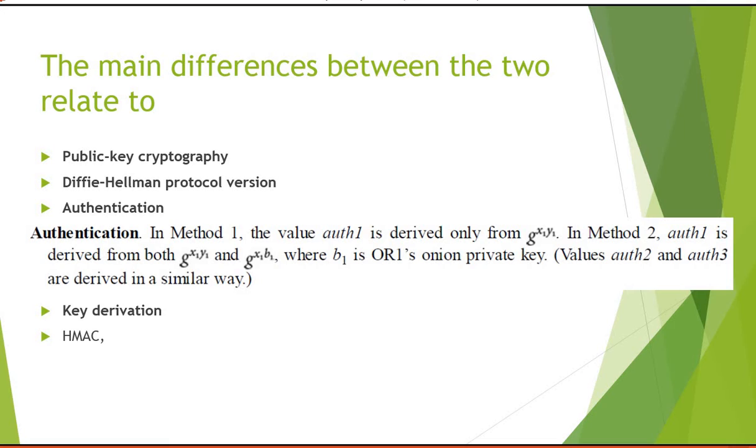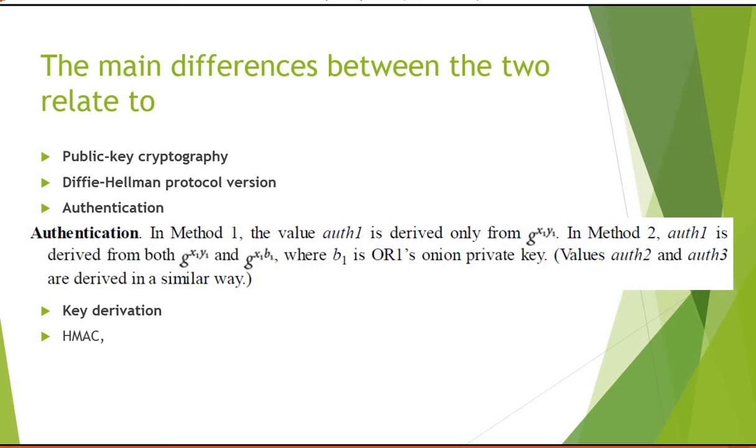Now let's discuss the main differences between these keys related to the onion routers, and how they will be handled. Public key cryptography algorithms will be used for transferring the symmetric key among them.